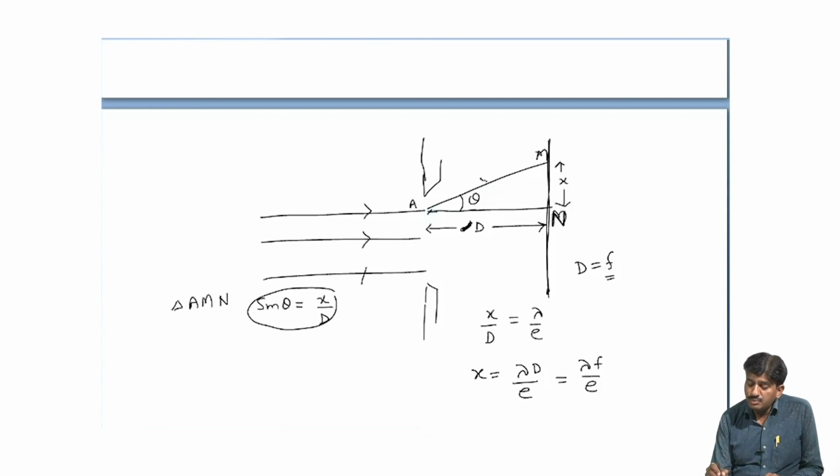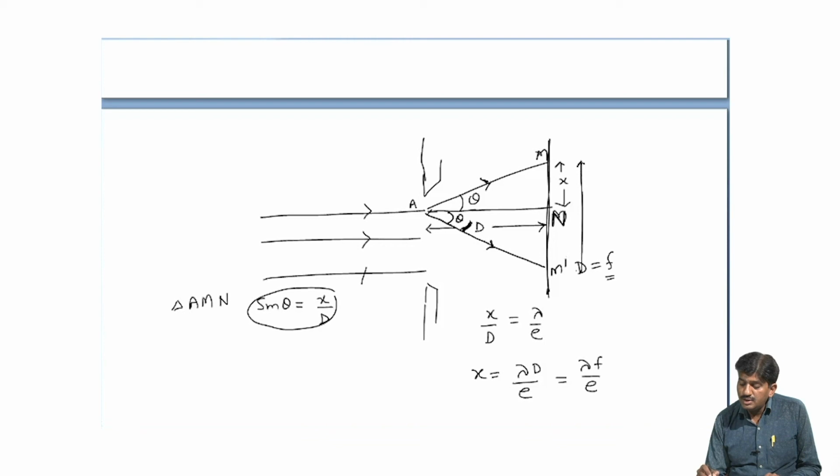And the fringe width: suppose this is a diffracted wave and another wave at theta angle, it becomes M dash, and the fringe width W should be equal to twice x, as it is again x.